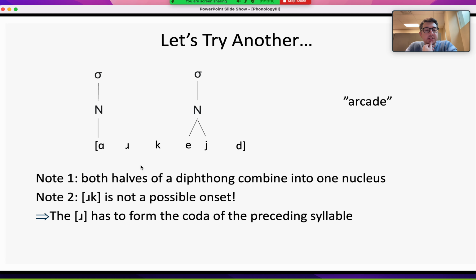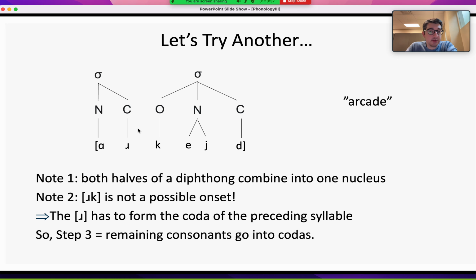Because rk cannot start any word in English. There is no word that starts with rk. In that case, now we know that rk cannot be an onset. It cannot attach to this syllable here as an onset. The r has to form the coda of the preceding syllable. So it needs to go into coda, and this one needs to go into onset. And of course, the coda is everything after our nucleus.